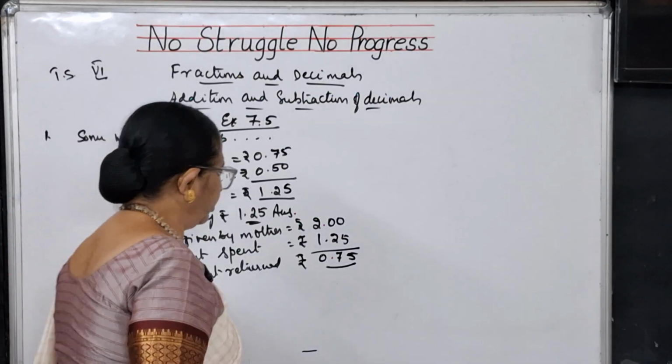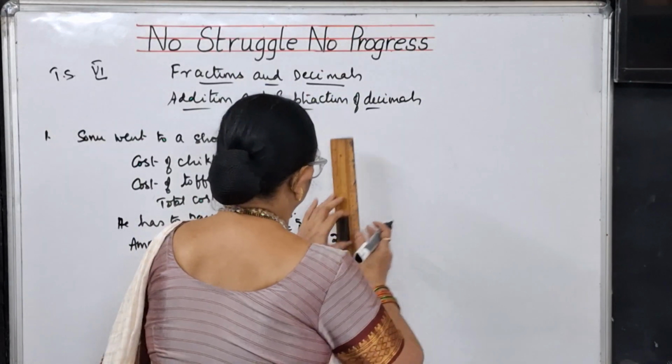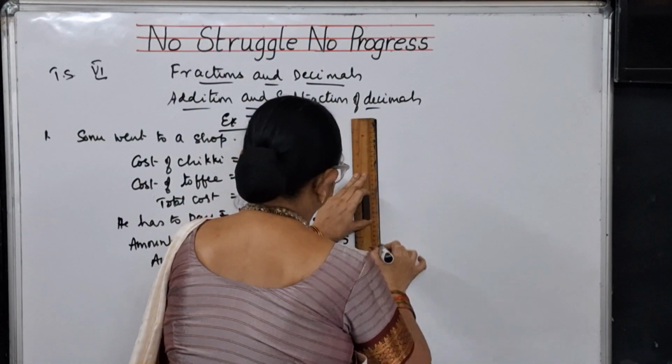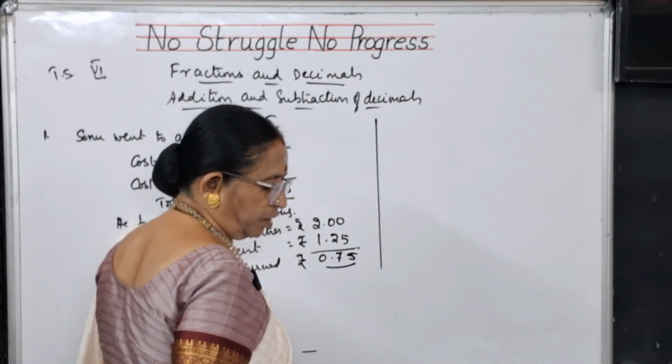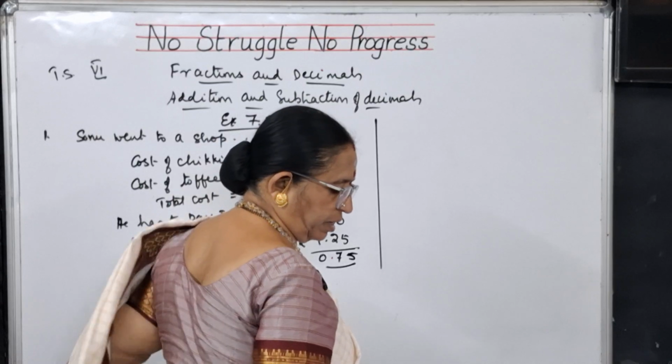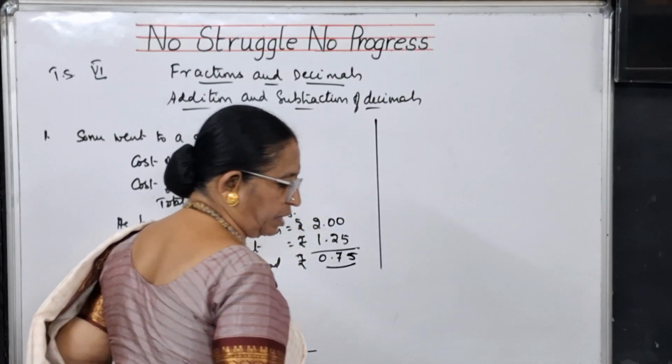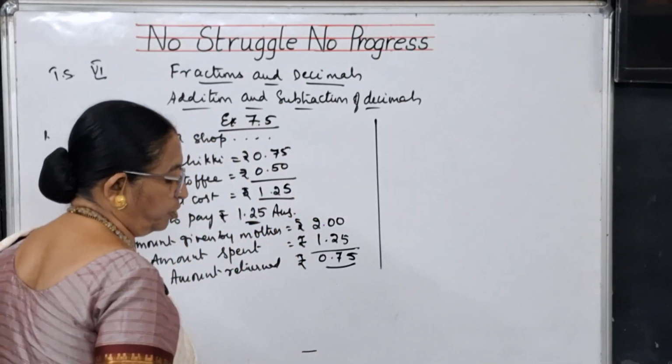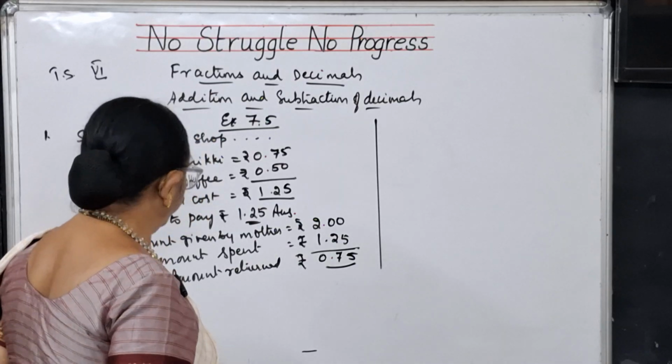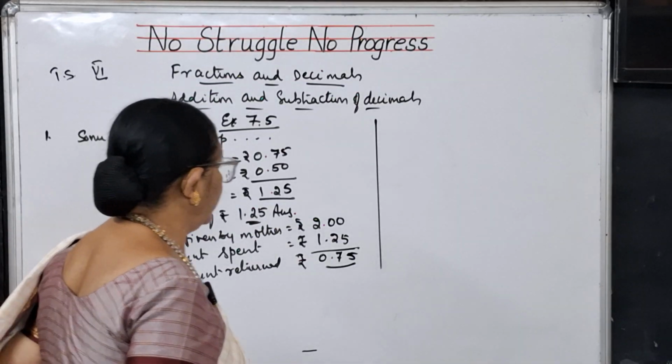Now, if mother gives 5 rupees, in case how much will he get in return? Suppose mother gave him rupees 5. How much will the shopkeeper return?